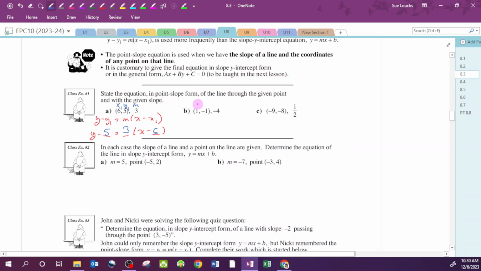Next one, this is my x1, this is my y1, this is my slope. My equation is y minus y1 equals m times x minus x1. I'm going to go y minus something equals m times x minus something.